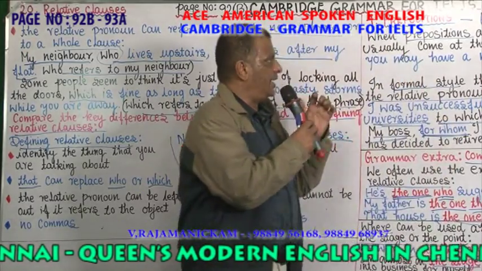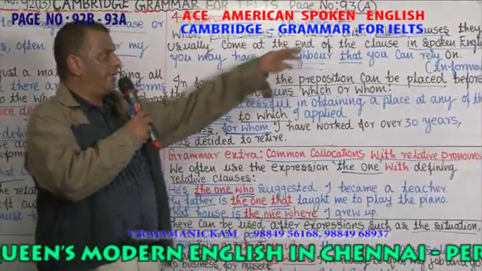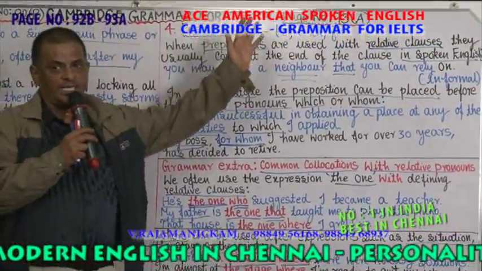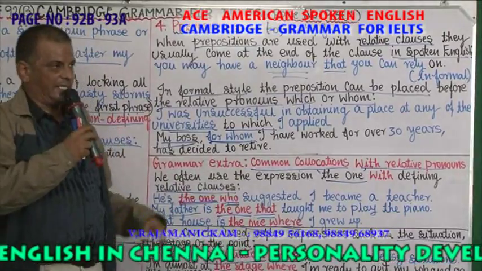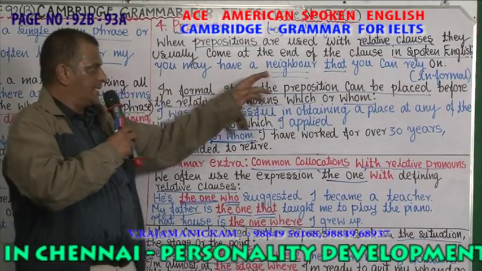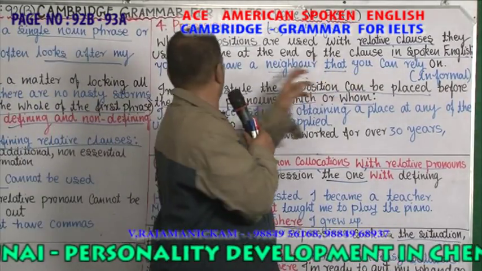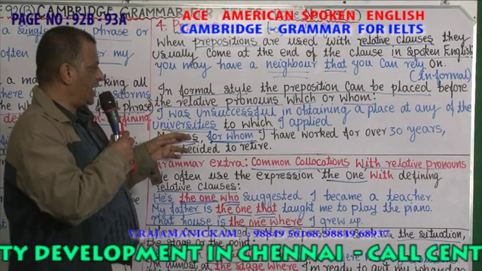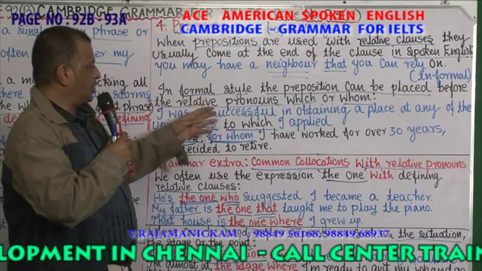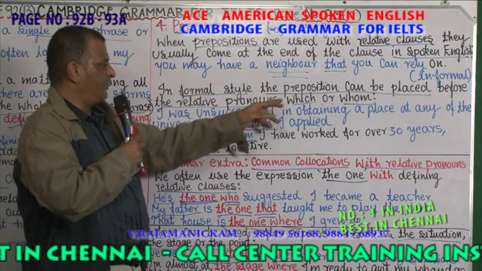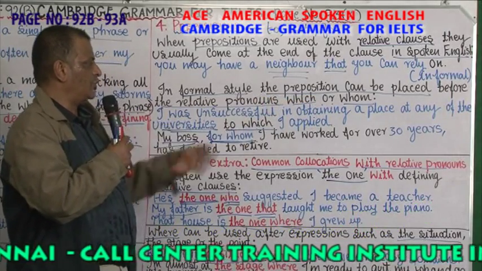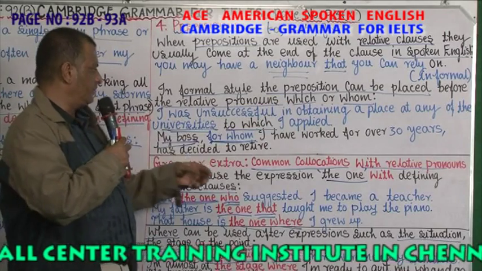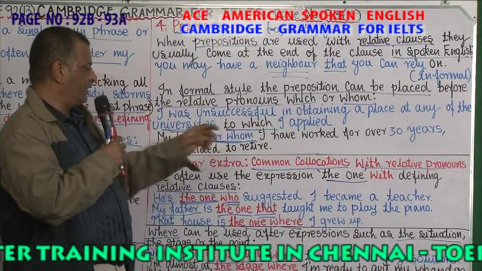Then we have seen here prepositions: to, with, and for. Prepositions at times come at the end of the sentence when you use the relative pronoun. See, that, on: you may have a neighbor that you may rely on. Then you have seen a preposition here, to. See, which and whom: there you find prepositions coming before which and whom, to which and here for whom.